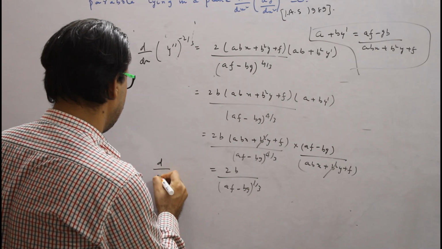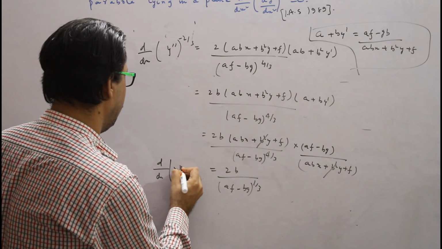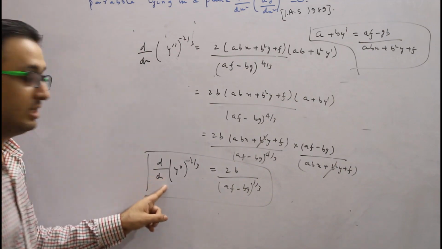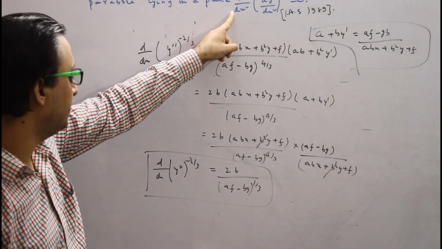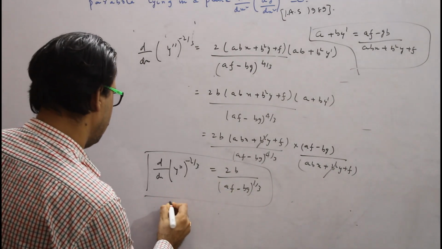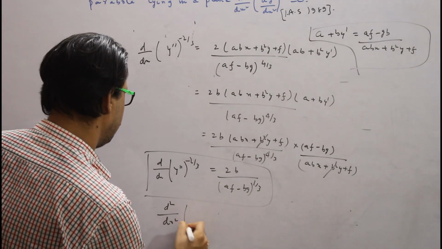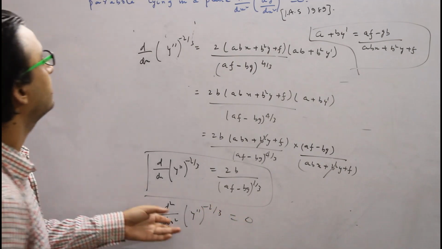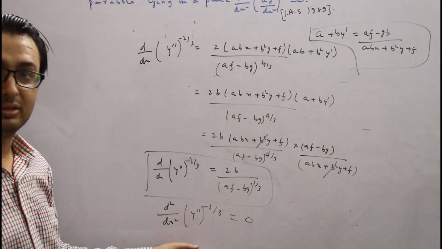So we got d/dx of y' minus of 2/3. So this is, but still it is not complete. We have to again differentiate. Since this is a constant, we get our answer as zero if we differentiate this. So we have proved this equation.